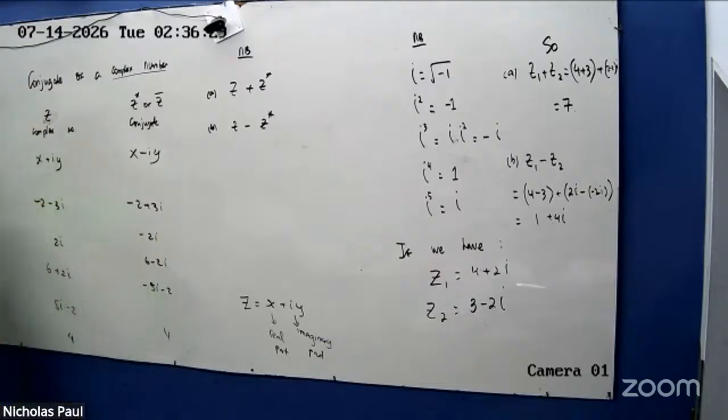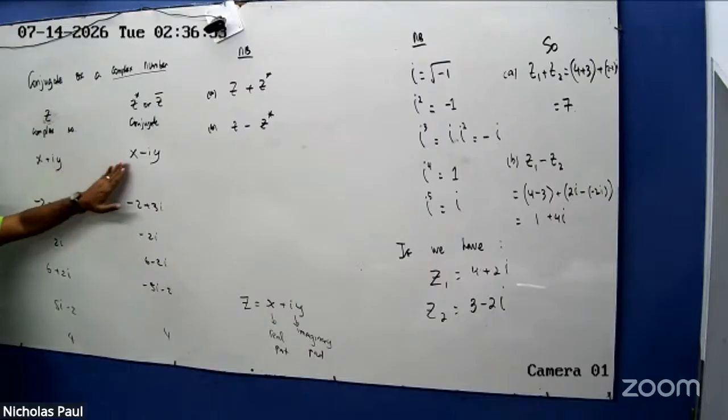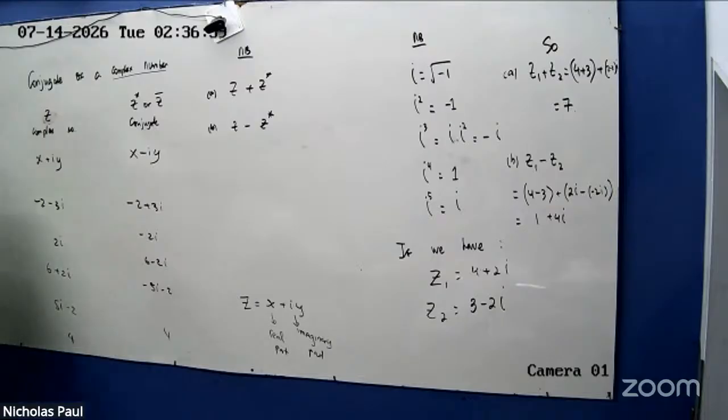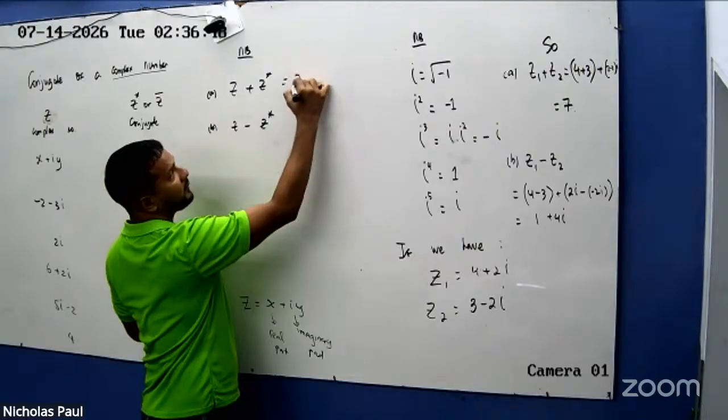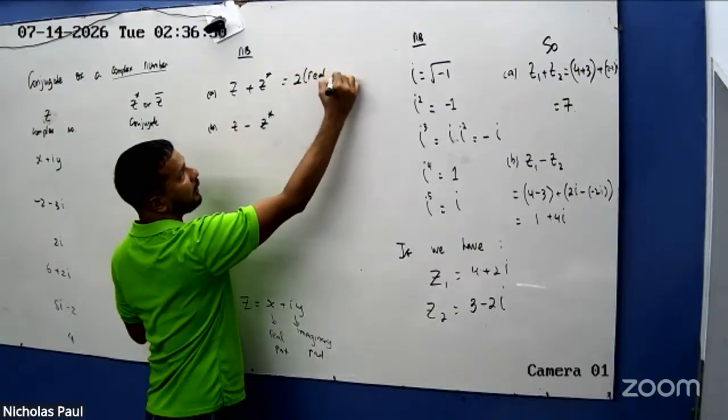Do me a favor. Add Z and Z complement and tell me what you'll get all the time. You've got to be a little more specific than that. You will get 2 times the real part.